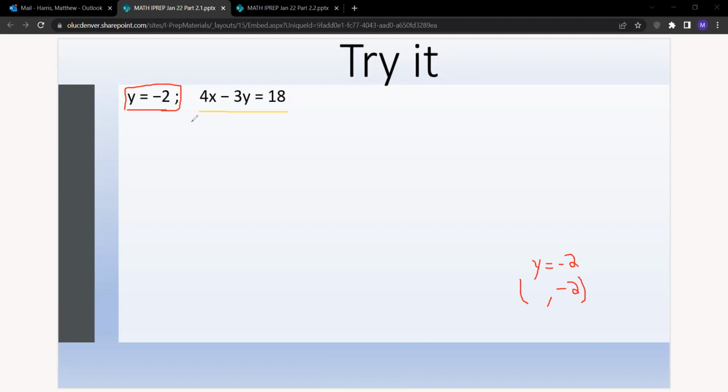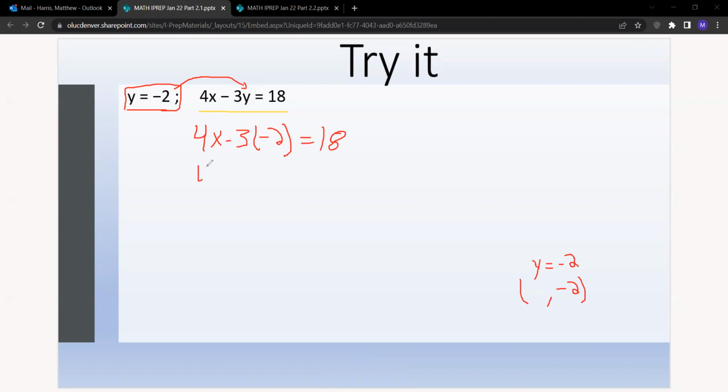Let's go ahead and solve. So we already have isolated one variable, so the first step of the problem is done. So now we can move on to our second step, which is we substitute this into our other equation, right? So let's go ahead and write this down. So we get 4x minus 3 times -2 is equal to 18.